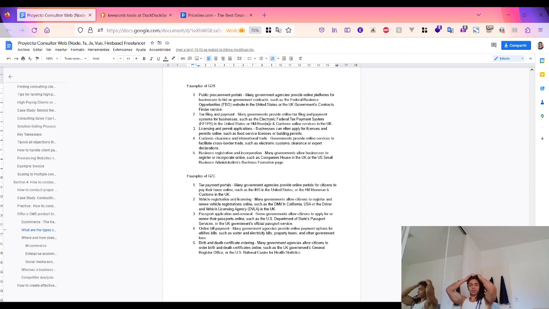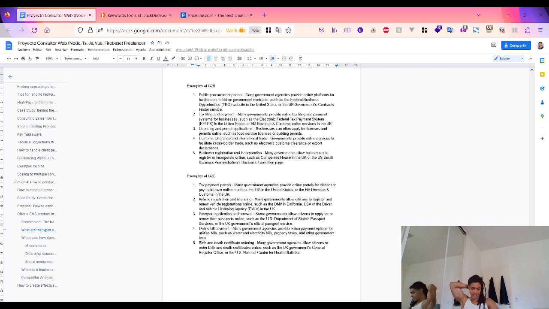Tax filing and payment: they also offer online tax filing and payment systems for business, such as the Electronic Federal Tax Payment System in the US or the HM Revenue and Customs online service in the UK.